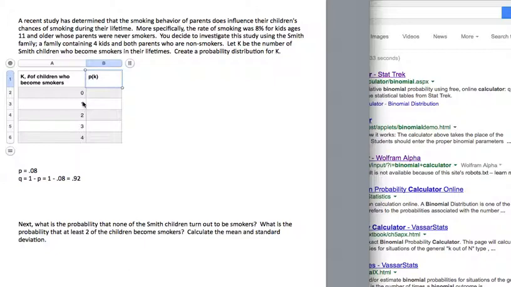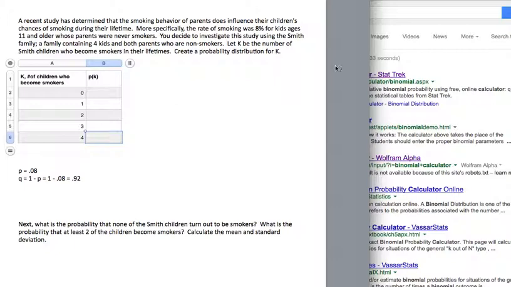So what we're going to do is use this idea of the probability distribution and fill it out using the Binomial Calculator. If you had class with me, I showed you how to do that within Minitab. If you are not going to use Minitab, there are lots of ways that you could calculate the different probabilities for 0, 1, 2, 3, and 4.